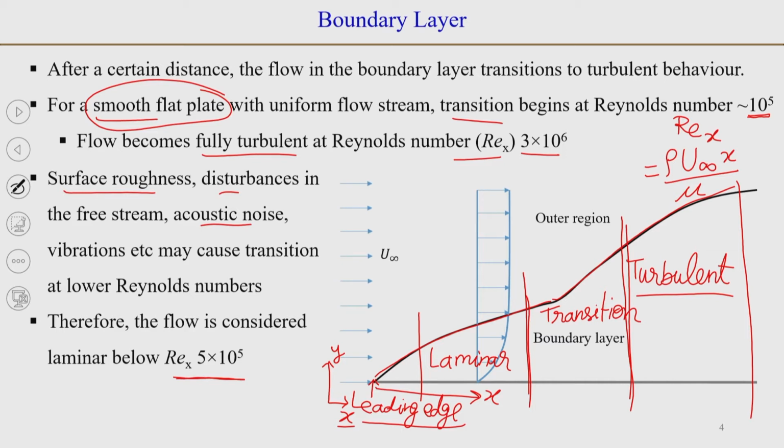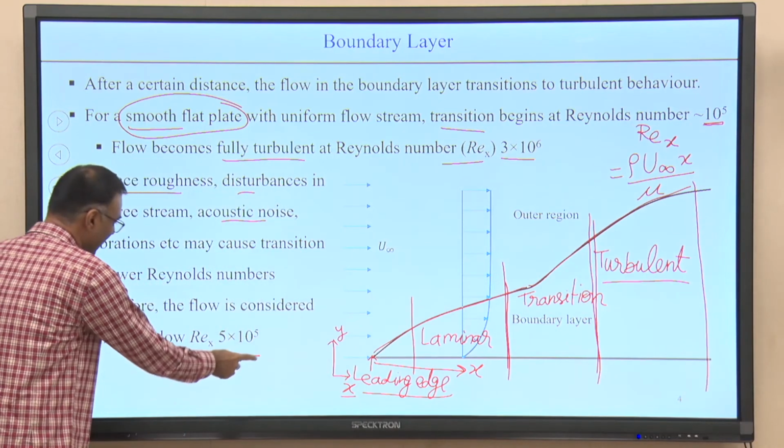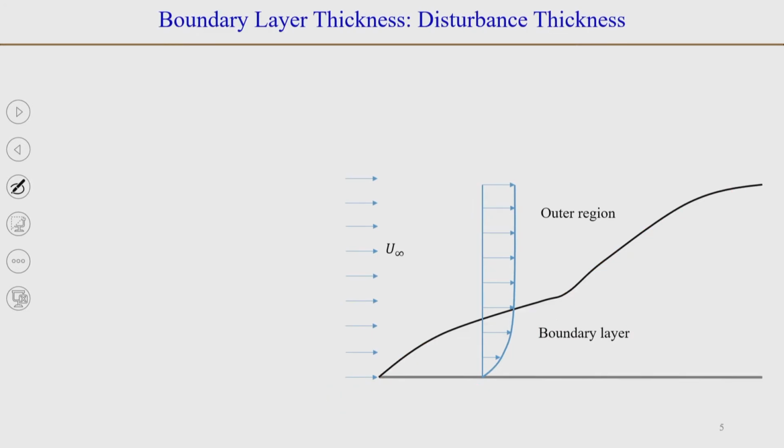While these are not very hard numbers, or not that the flow is supposed to behave exactly so, they act as a useful guide. So, we can consider that Reynolds number 5 into 10 raised to the power 5 is the number below which we can consider the flow over a flat plate to be laminar.